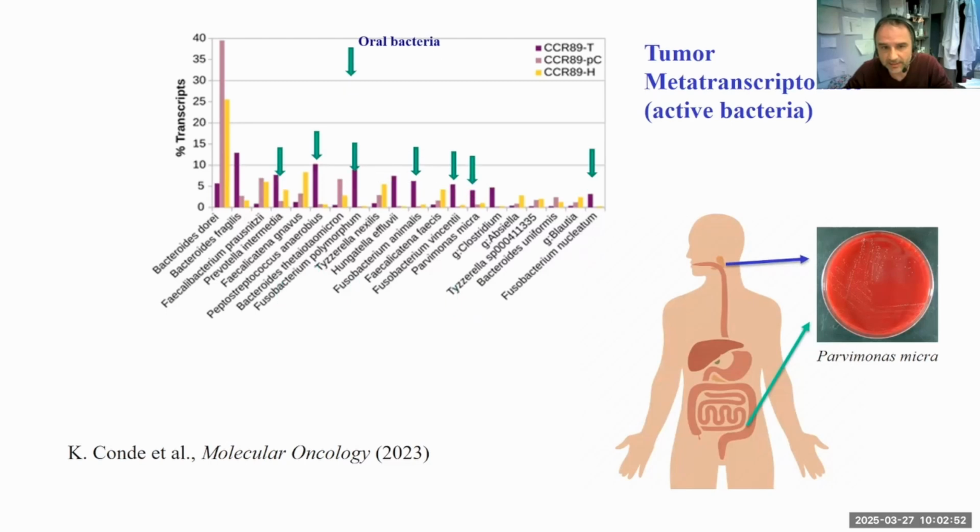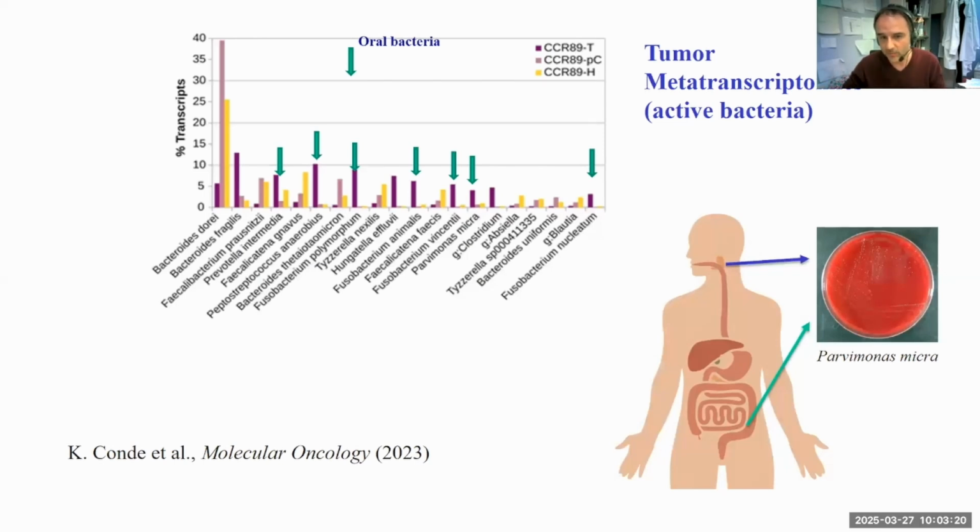I'm going to pass this slide. This is just to show you that when we have done the metatranscriptome, the active bacteria in the tumors, the ones which appear to be at a higher level of activity, most of them are oral bacteria. So it's not only Fusobacterium that migrates from the oral cavity to the gut, but also these other bacteria. I think they form these consortia, which we believe are instrumental to be able to travel from one place to another, to protect each other.